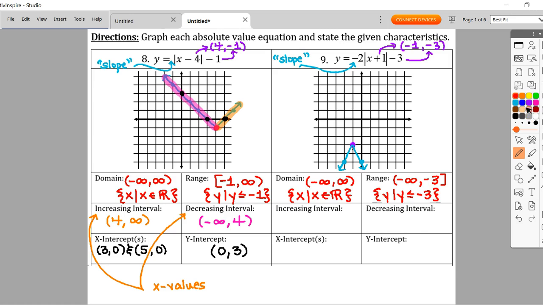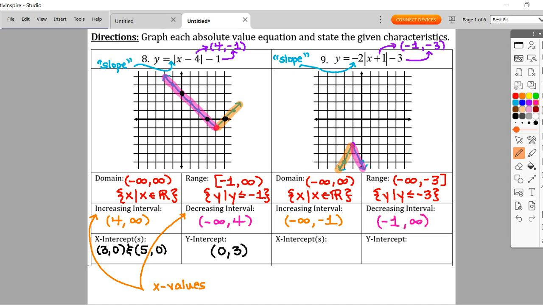Increase and decrease here. Again, we're going to go ahead and highlight where we have a positive slope for increasing. That is the left side. X values again, because it's interval, -infinity to the x value of -1. Then we're decreasing on the right side of my graph here from the x value of -1 to infinity.